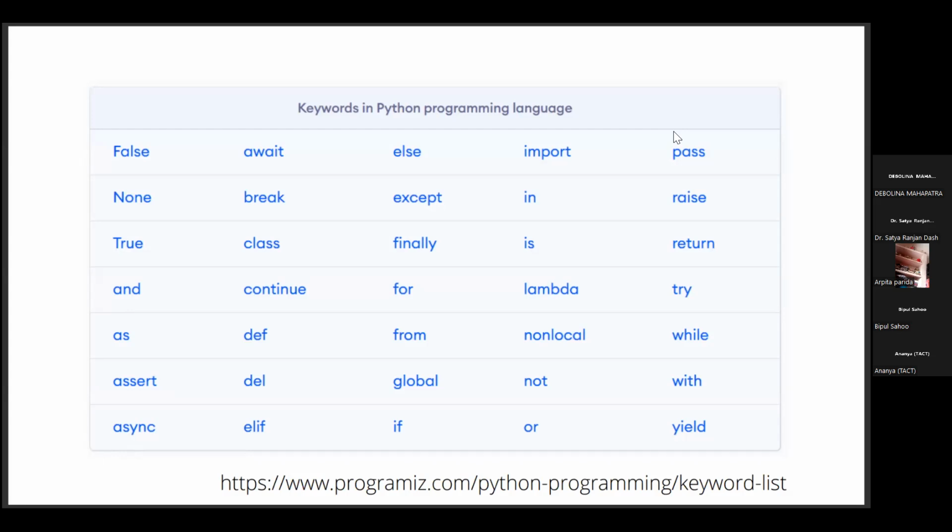Then print is another keyword. We also have if and else, for, and def. These are all keywords in Python, and as you start building your own scripts, you'll get more familiar with them.